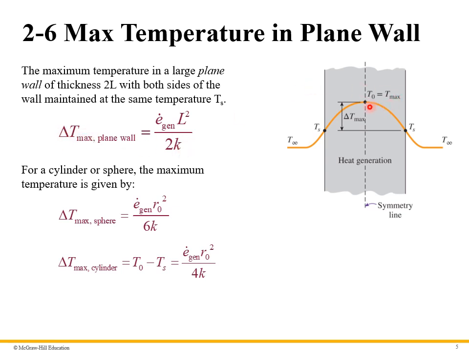So delta T max is simply T0, which is T max, minus T sub S. This is a symmetric situation. Here's the wall itself, and on either side you have the same temperature T sub S. And far away from the wall, it's T infinity on both sides. The maximum temperature is going to be right in the center. You can also work this out for a sphere and for a cylinder, and you end up with similar equations.